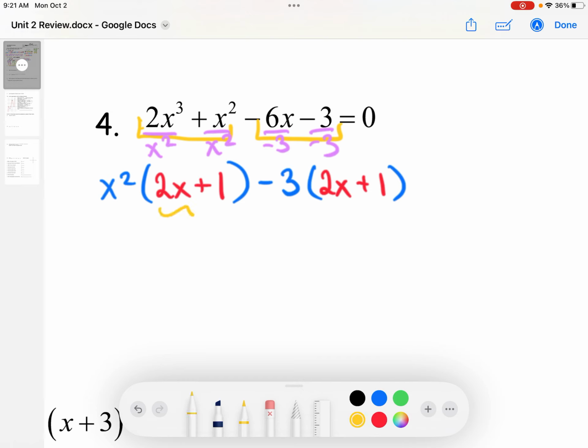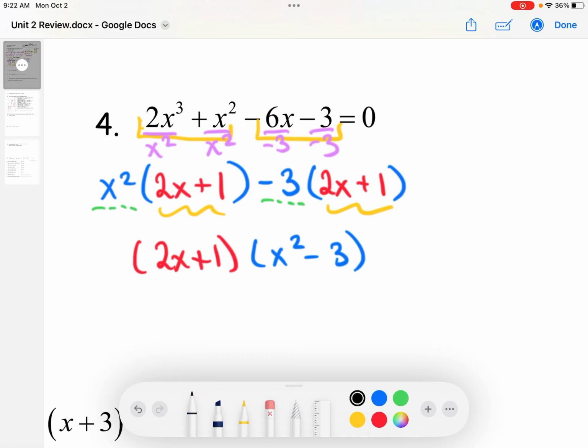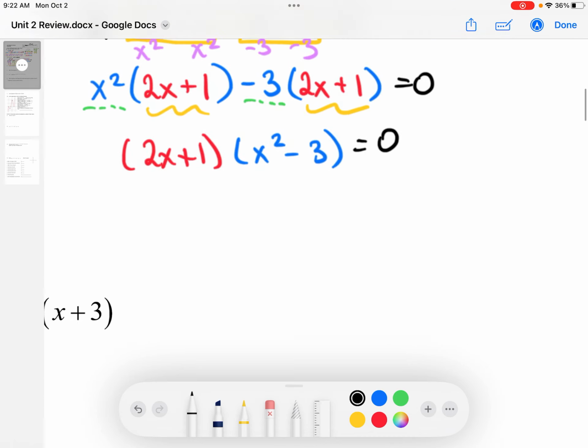Now, this worked because we have the parentheses here matching. So 2x plus 1 is a factor. The other factor is x squared minus 3, coming from the greatest common factors in each of those groups. And this whole thing is still set equal to 0.